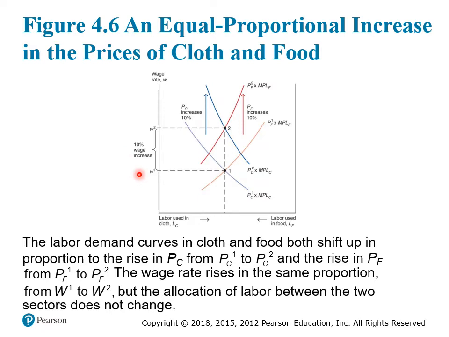So the wages have increased from W1 to W2 proportionally, and as a result there is no change in the allocation of labor in these two sectors. So the amount of labor used in cloth and the amount of labor used in food stays the same. It's the same number of people working in both sectors. There is no change in that. The only change is that the wages have increased by 10%.